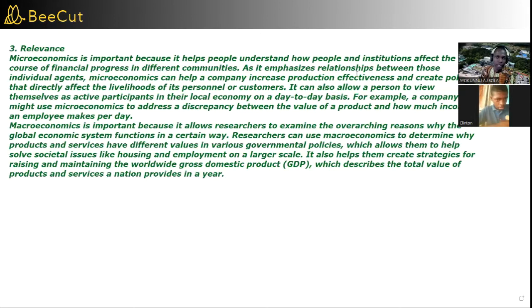As it emphasizes the relationship between those individual agents, microeconomics can help a company increase production effectiveness and create policies that directly affect the livelihood of its personnel or consumers. So it can also allow a person to view themselves as active participants of the local economy on a day-to-day basis. For example, a company might use microeconomics to address a discrepancy between the value of a product and how much income an employee makes per day.